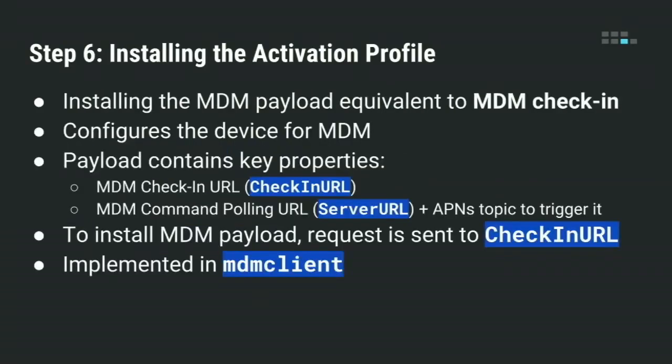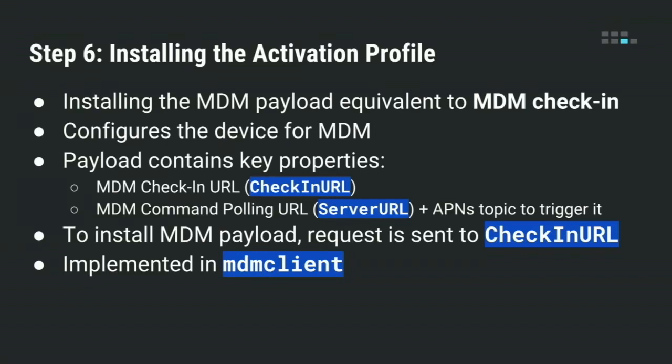So if you've ever read Apple's public documentation on the MDM protocol, installation of an MDM payload is actually equivalent to what Apple calls the MDM check-in protocol. Now, what that essentially does is set up the device for receiving commands from an MDM vendor. The MDM payload in the configuration profile will typically include 3 important properties.